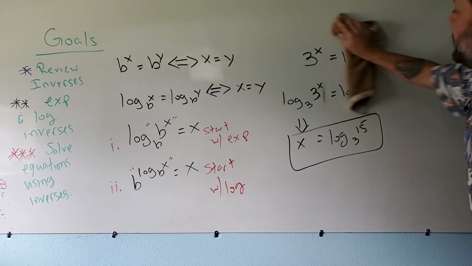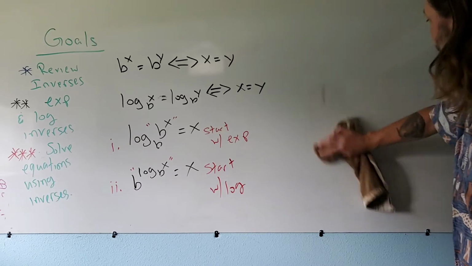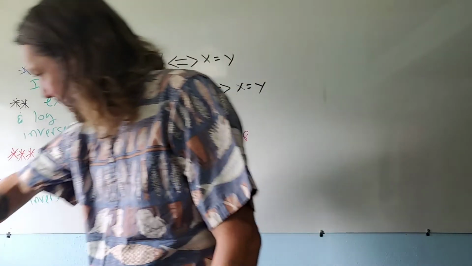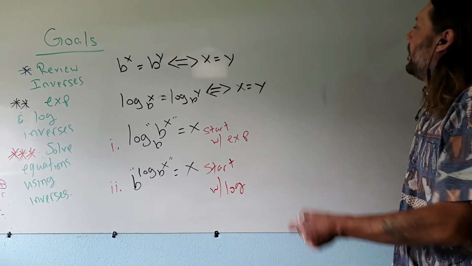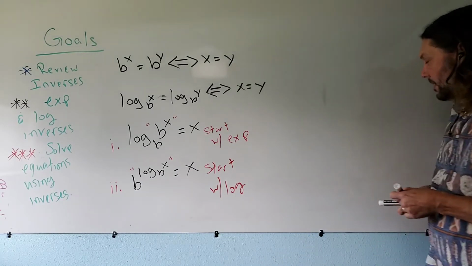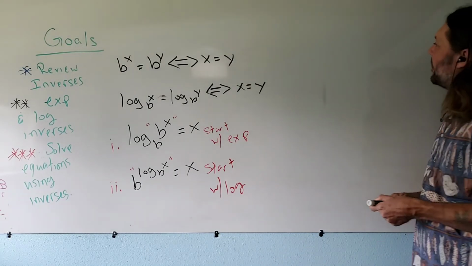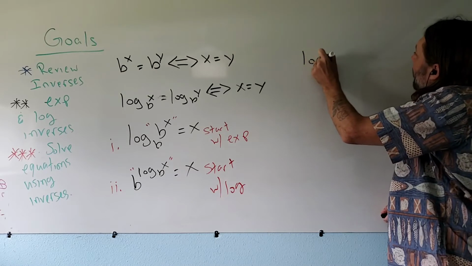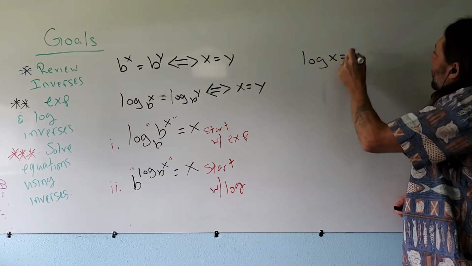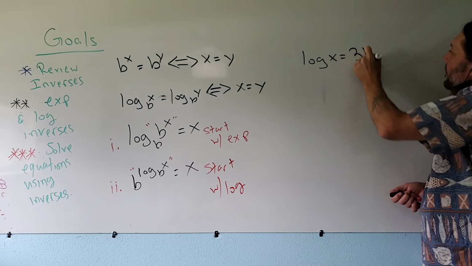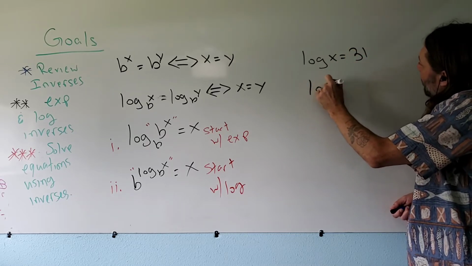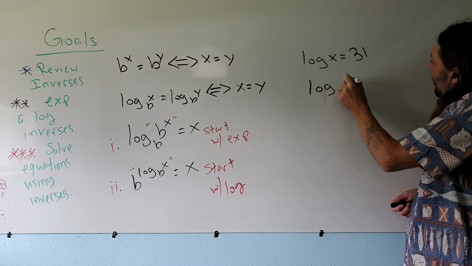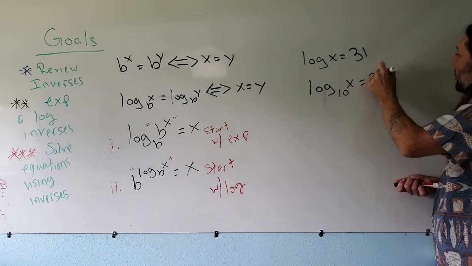All right, so let's start off with a log equation. So if I gave you log of x equals, oh, I don't know, 31. Remember, if there's no number here, I'm implying that I have log base 10 of x equals 31.